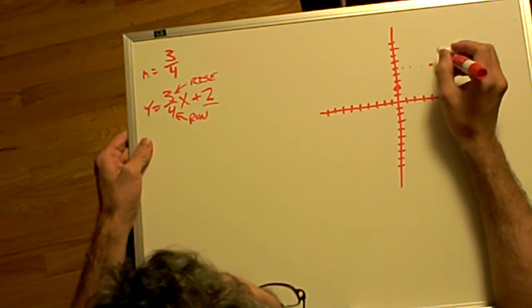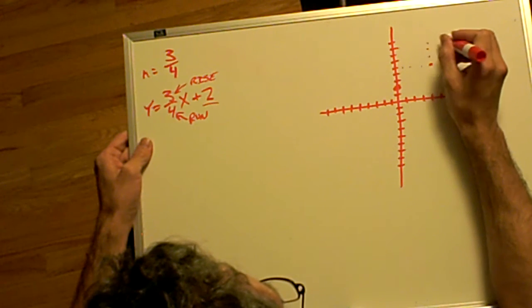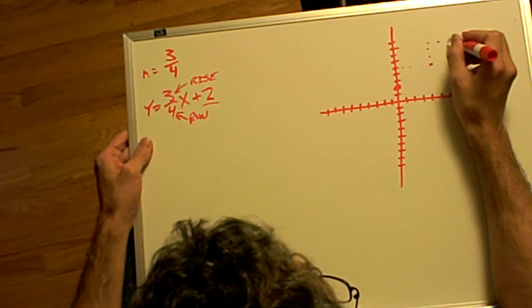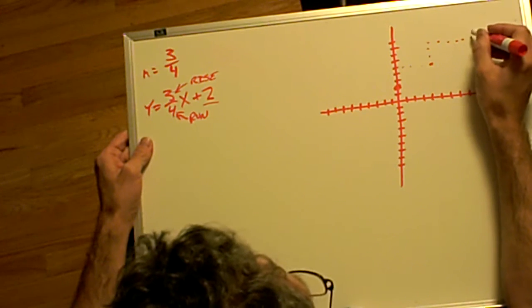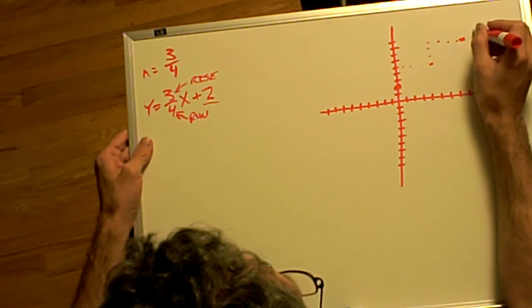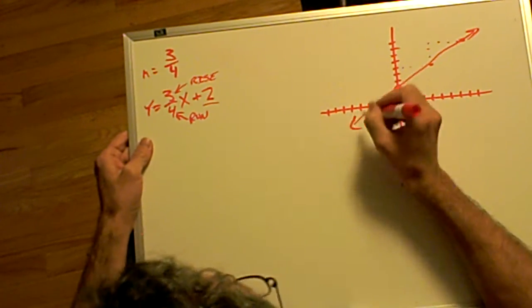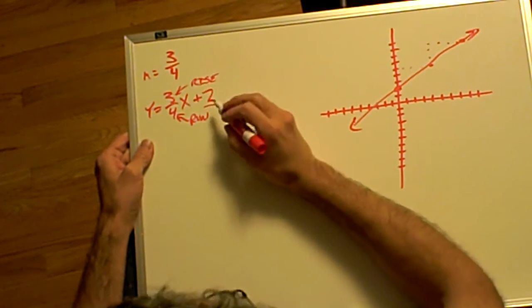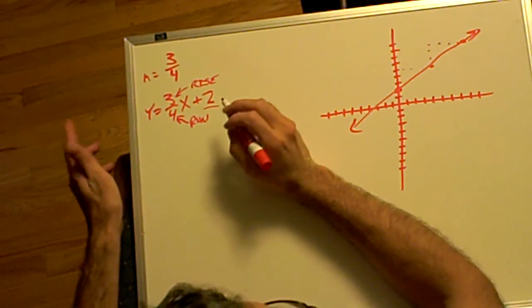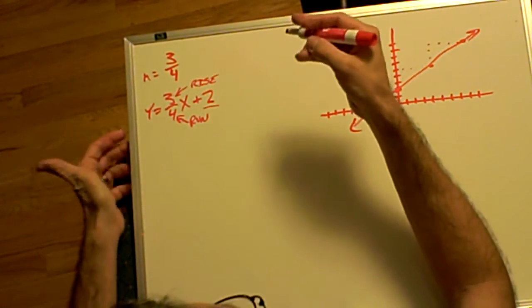And this is our line right here. This line has a slope of 3/4 and a y-intercept of 2. So we want to say, what is a perpendicular line to this?